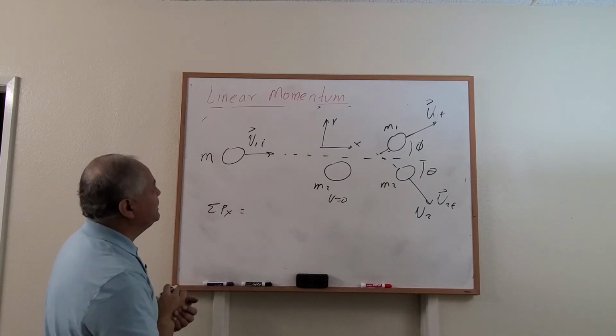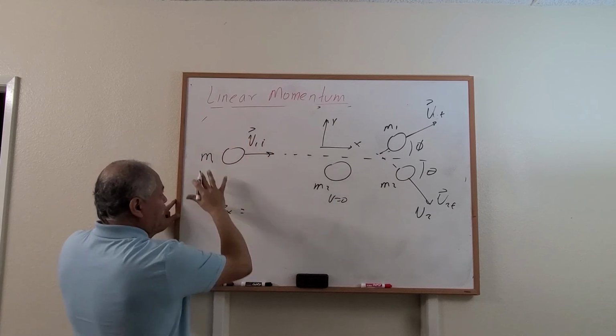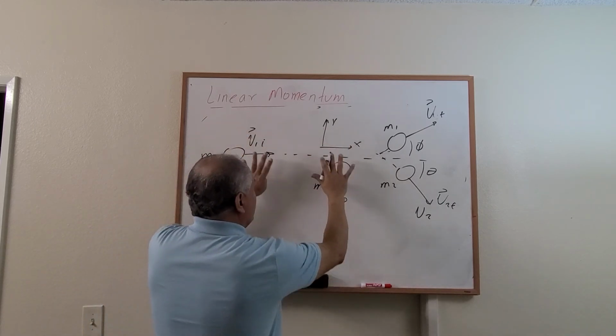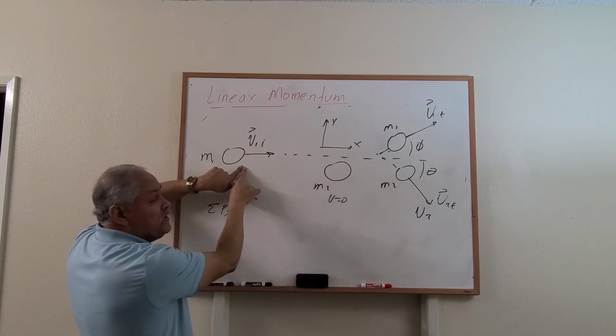What do we have in the x direction at the beginning? This is before collision, and this is after collision. Before collision, we have only this object moving, and this one is at rest, so its momentum is 0.